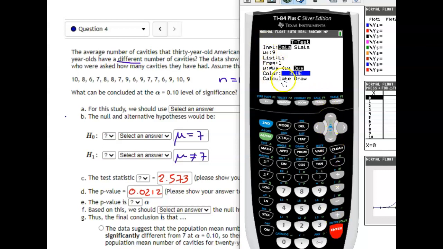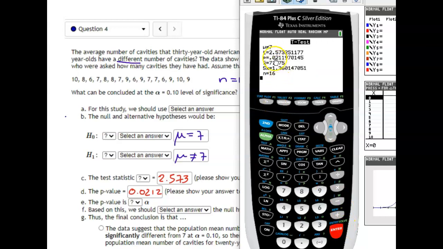The mu0 is the mean from your hypothesis test, which was 7. The list is L1, the list in your data table. Then we need to choose the alternate hypothesis. Mu is different, so we're going to choose that one. Scroll down and calculate.